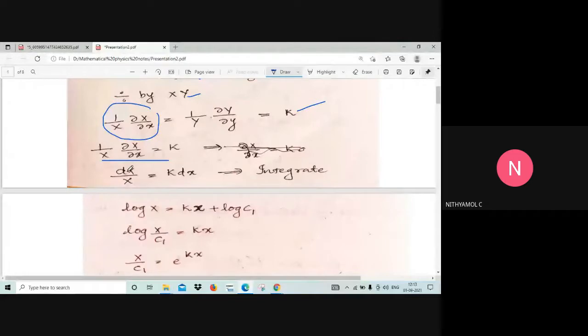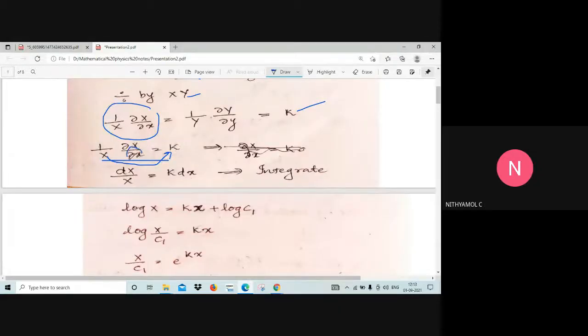Therefore, I can take it as dX instead of dou X. So dX by X equal to k into dx.